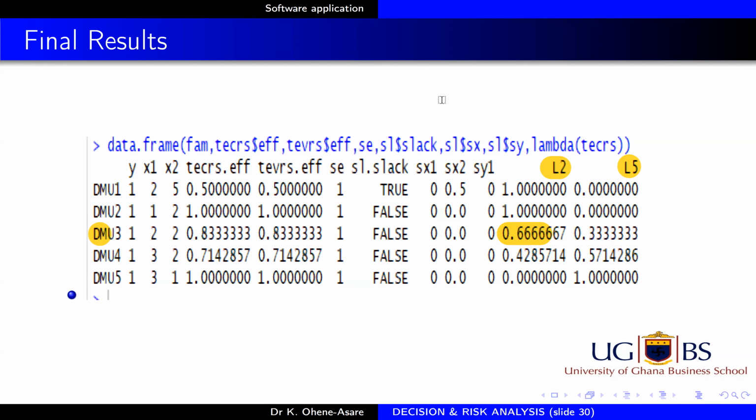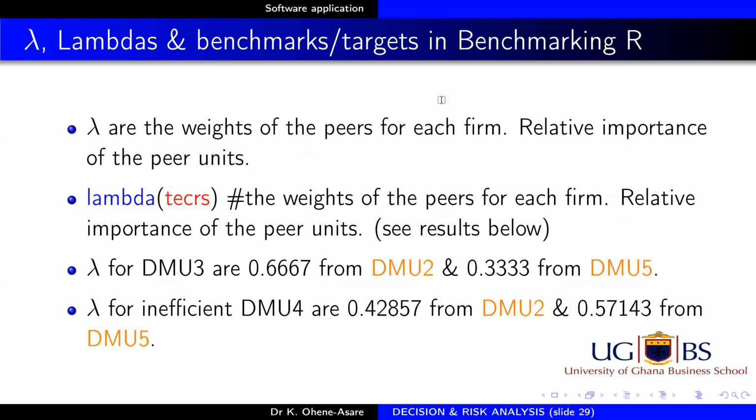But for now, let me go back to the point. The lambda for DME2 is 0.667 and the lambda for DME5 is 0.33. So it's putting 67% weight on DME2 and 33% weight on DME5.